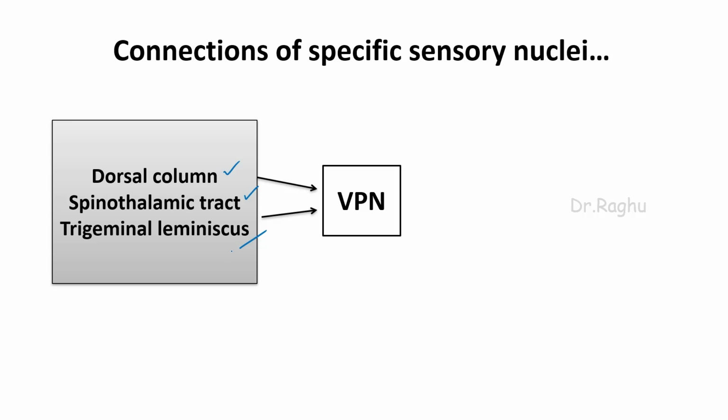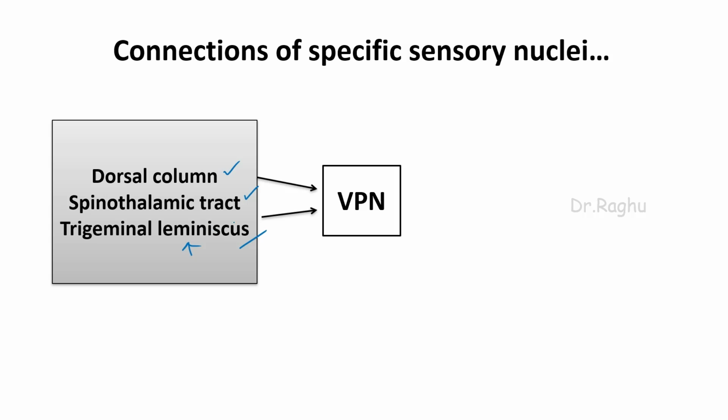We all know that the spinothalamic tract is carrying the sensation of pain, temperature and crude touch. The dorsal column is carrying many sensations like vibration sensation, pressure sensation, tactile localization, tactile discrimination, stereognosis, and the trigeminal lemniscus is the one which is carrying the sensations from the areas of the face.